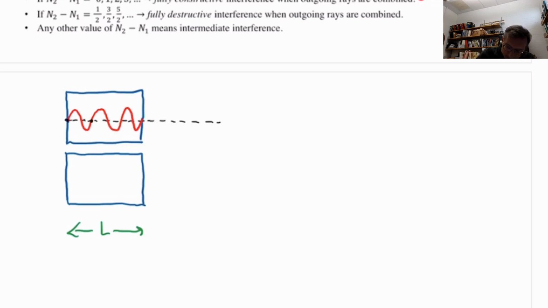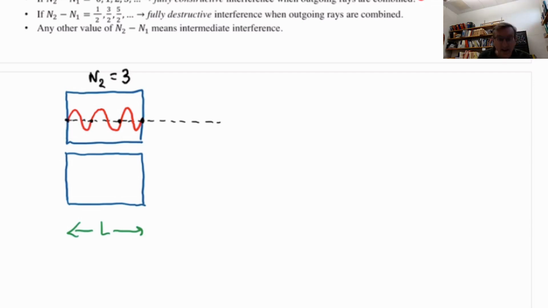There's 1 wavelength, 2 wavelengths, 3 wavelengths. And let's use the symbol capital N to represent how many wavelengths fit in that distance L. So capital N2 is 3. I can fit 3 wavelengths in block 2.